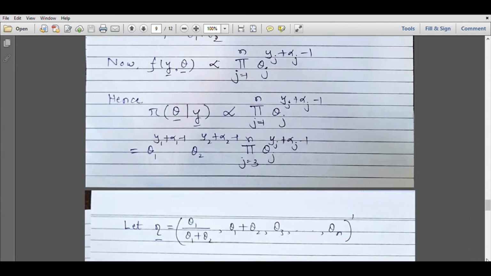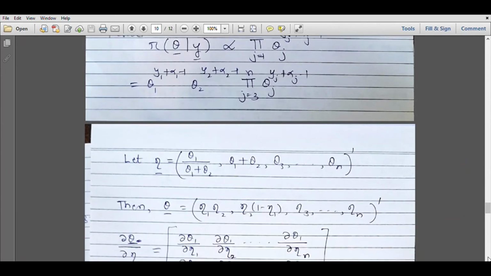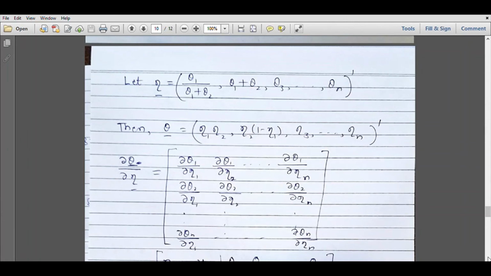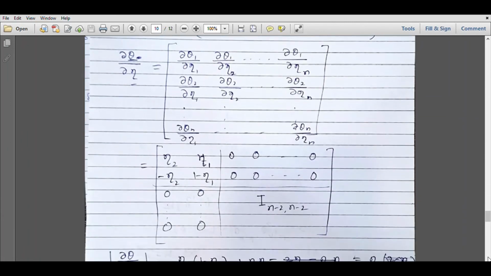Now let us try to simplify. As we have discussed earlier, here again we are considering an n-dimensional vector with the first element as theta 1 upon theta 1 plus theta 2, the second element as theta 1 plus theta 2, and the rest of the elements the same as those in vector theta. So again we will compute the matrix of partial derivatives and we know the Jacobian of it.